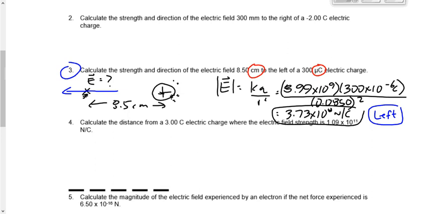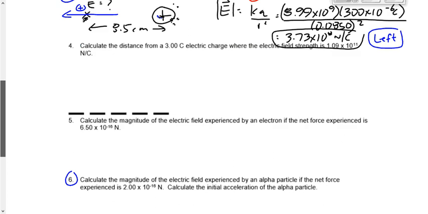We're to the left of this positive producer here, so it's going to be away from that positive producer. Why is it away from the positive? Well, because if I put a little positive particle in there, it would experience a force to the left. It would be repelled and therefore be pushed to the left. So it's the way that a positive moves, but it's also defined as away from a positive producer and toward a negative producer. Got it?